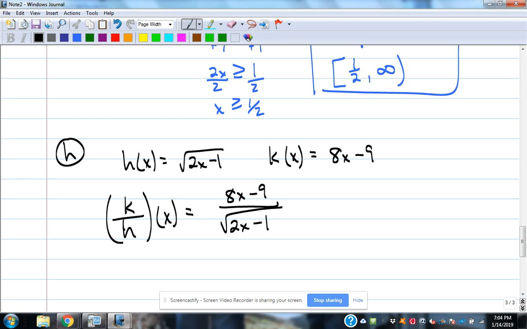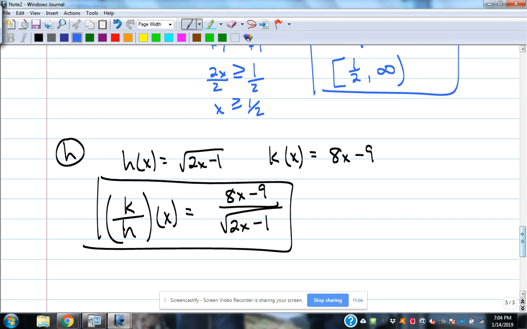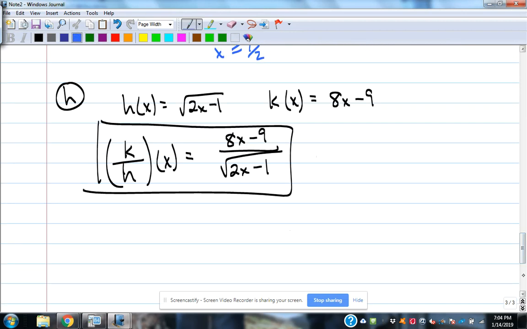But the domain is a little special on this one because what's happening here? You got a square root, so we know there's a red flag. But where's that square root with the x in it? It's in the denominator, right? It's in the bottom. So this is a double red flag, is what you would call that. Because not only does this have to be positive, but it can't be 0 either.